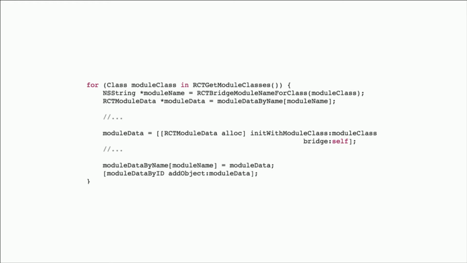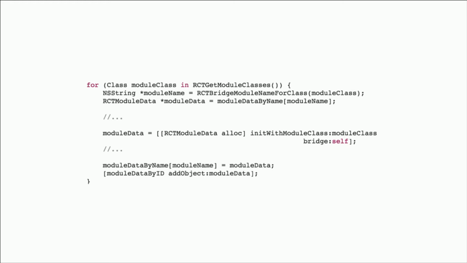So the JavaScript executor is basically our context where we run JavaScript. And it looks like this: we have RCTJavaScriptContext that requires JSC context that can be accessed by JSC wrapper. So something like this.